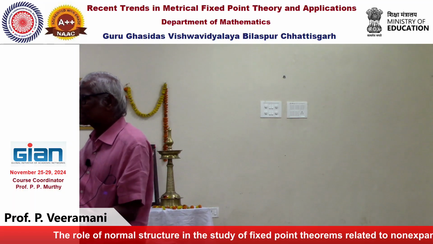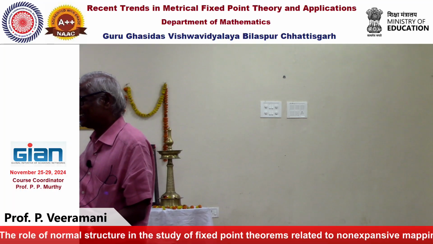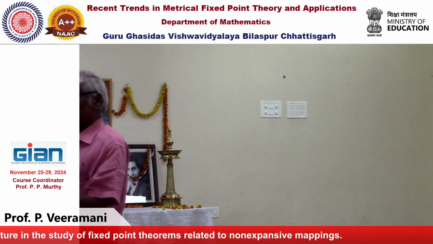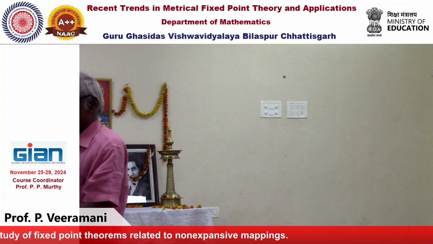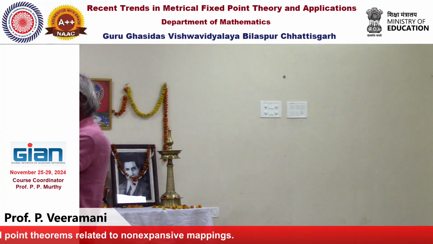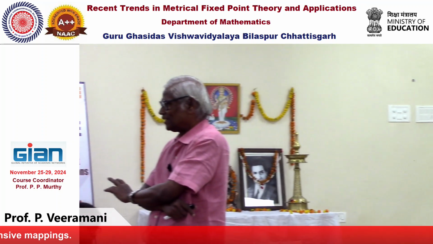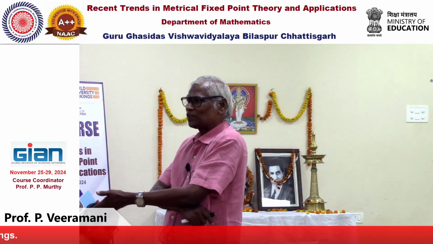That's why giving example is not difficult. Closed, bounded, convex subset of L2, unit ball, for that matter, any closed unit ball in L2. Is it compact? If it is compact, what will happen?